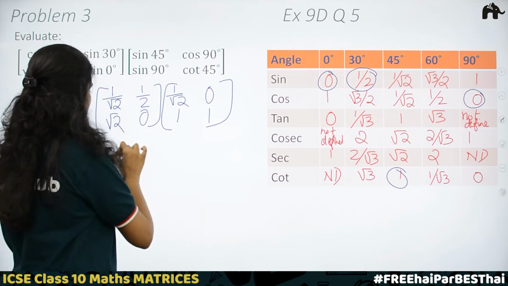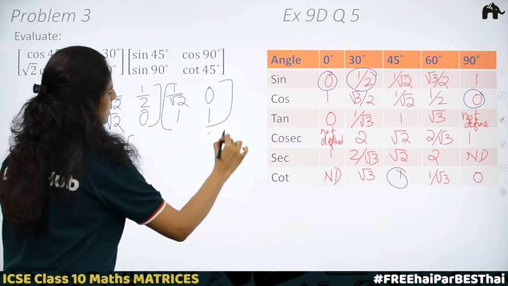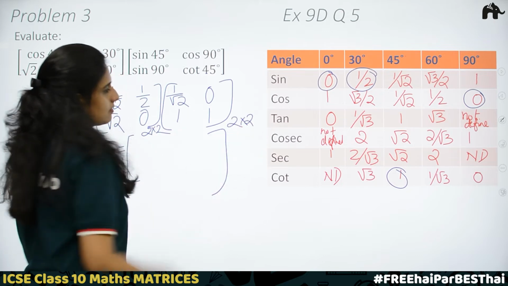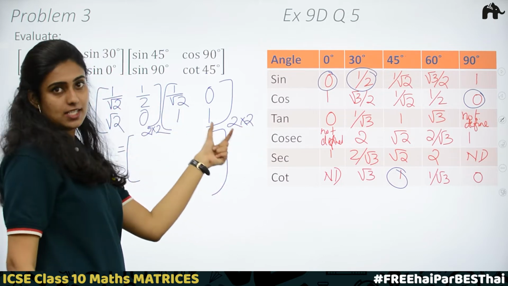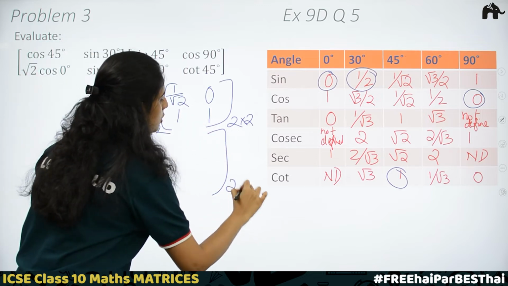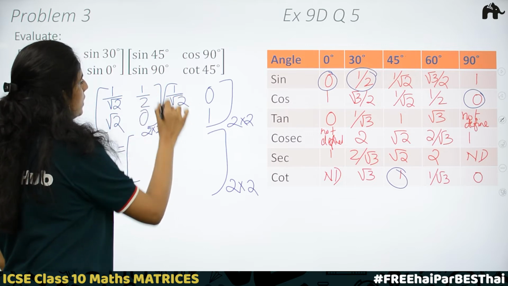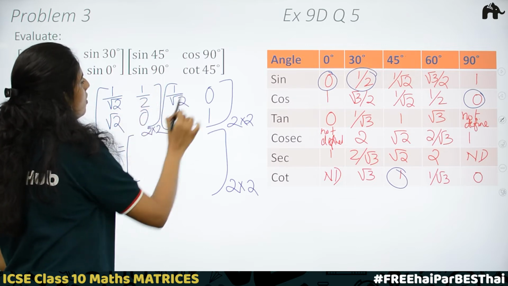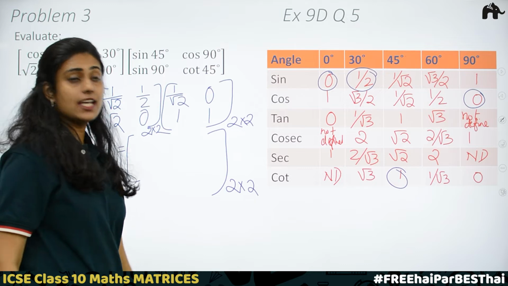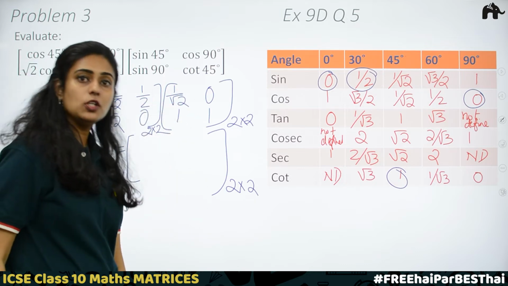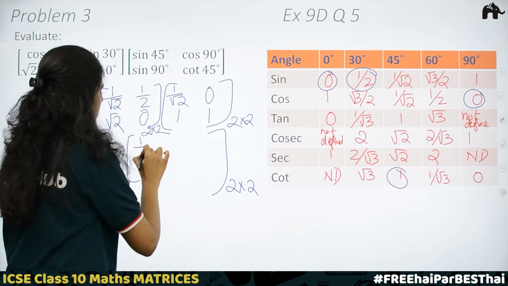We got the values. So the first element, here we have a 2 by 2 matrix. This is also a 2 by 2 matrix. Multiplying these two matrices, we will be getting a 2 by 2 matrix. Now the elements. To get the first element, considering the first row of the first matrix and the first column of the second matrix, 1 by root 2 into 1 by root 2. 1 by root 2 into 1 by root 2 is 1 by 2.